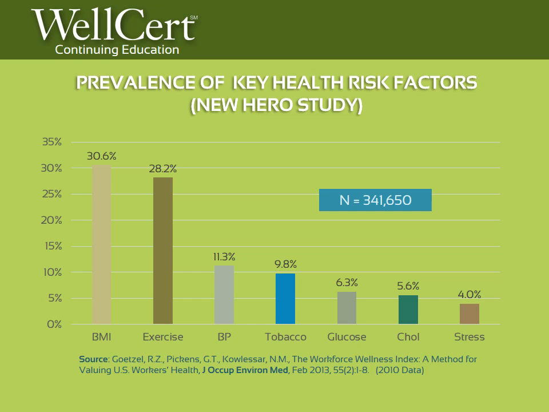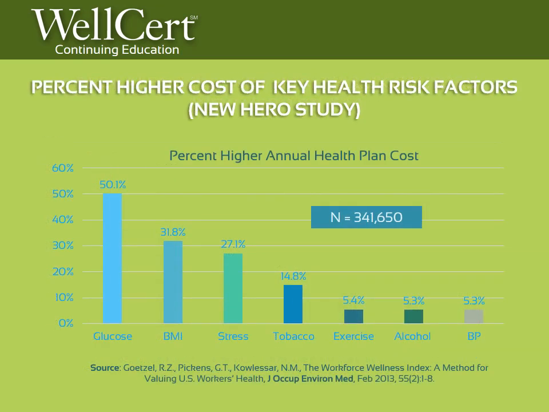So this again is the new HERO study. We're looking at what we call the prevalence of health risk factors. Now, the other part of that major study was looking at the percent higher cost of key health risk factors. So our new HERO study again shows the percent higher annual health plan costs. This is again over a 341,000 population, a very large population. The elevated glucose provides a 50% higher annual health plan cost from the person who is at risk versus the person who is not at risk.